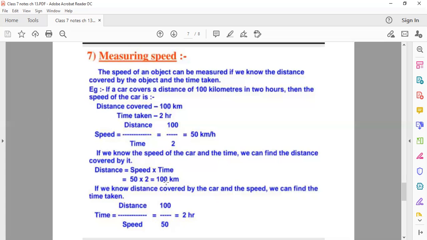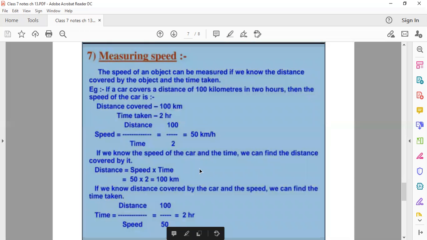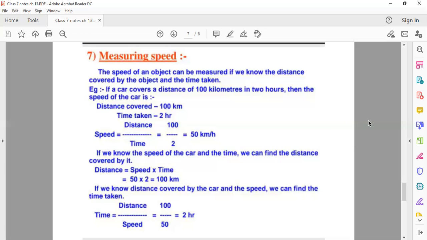Before doing these questions, you have to take care of the units also. Find in what units the speed and time are given. You just have to take care of the speed units. I hope the concept of calculating speed is clear to you. Children, one more thing: you can interchange the units.